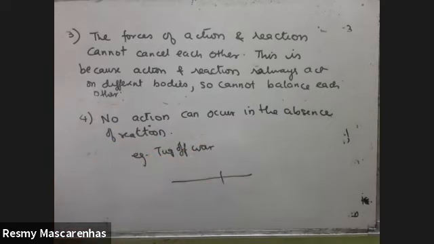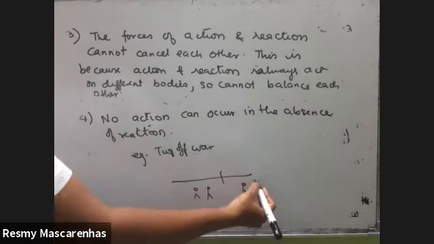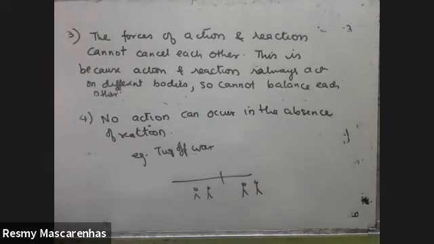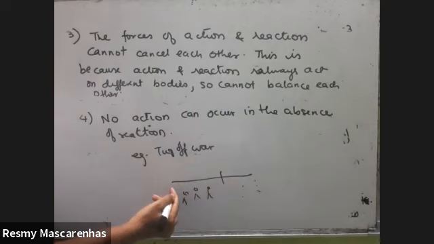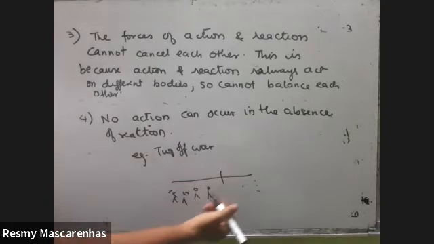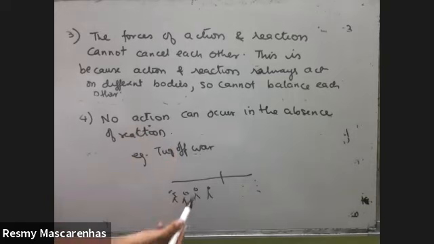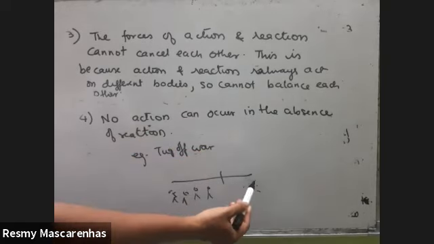When you play tug of war, there are some people on this side, some people on this side. Imagine there are 10 people, and they all are standing on one side. Can the game happen? No, because there has to be someone on the other side to give this fight back. No action can take place if there is no person for the reaction.